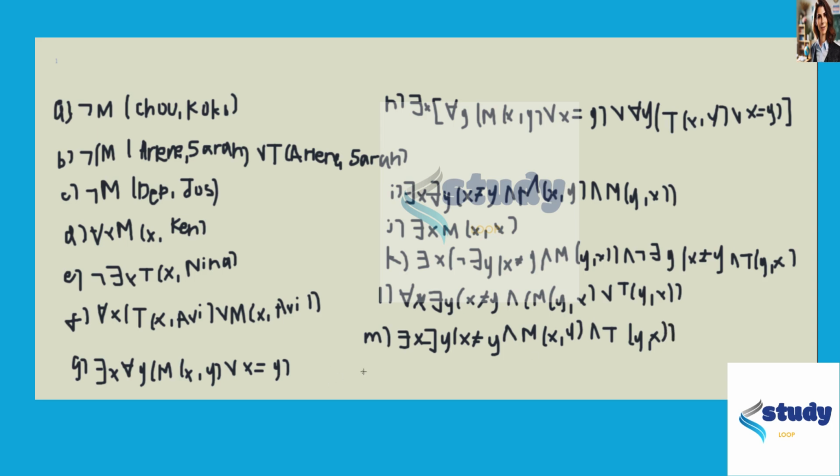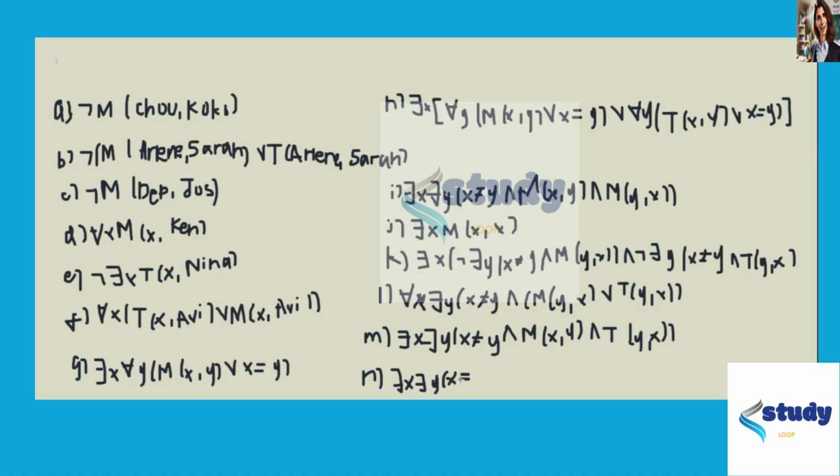And for N, it can be there exists a student x and a student y such that they're different people and send a message or telephone to everyone beside themselves in the class between both of them.